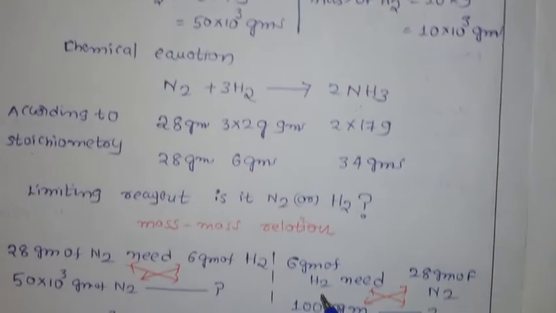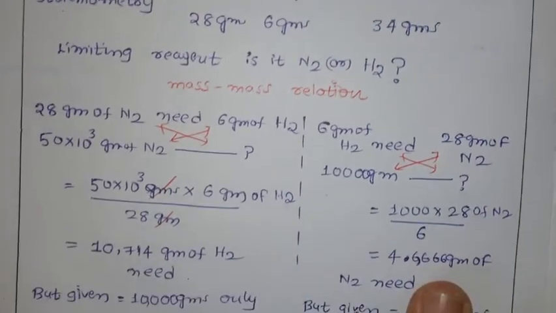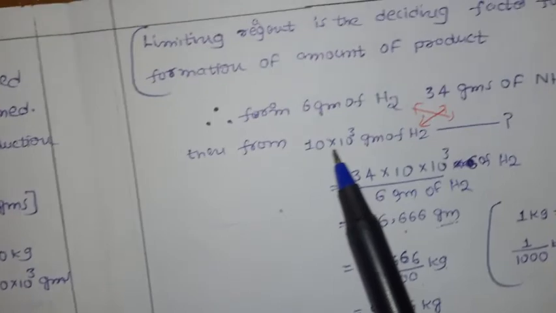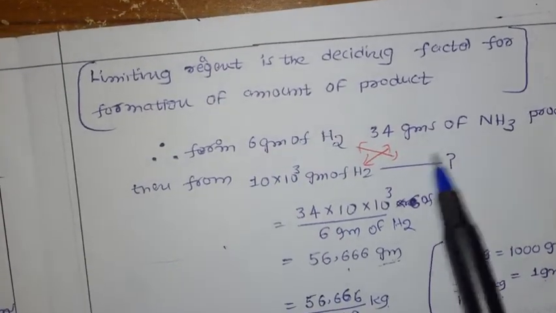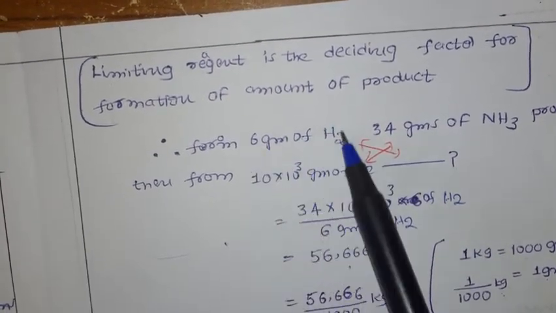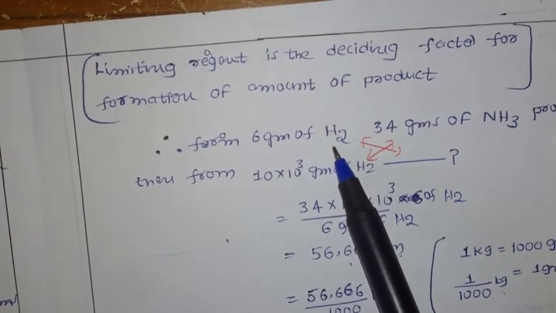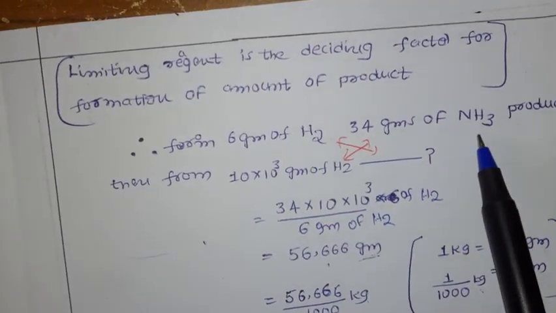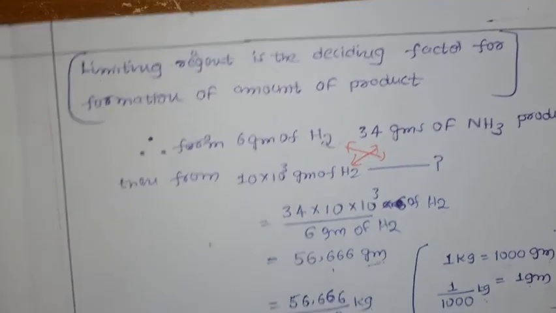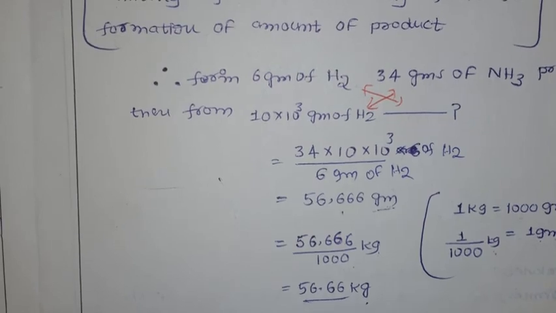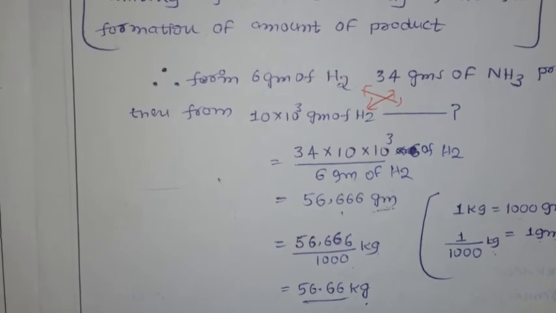After identifying the limiting reagent, you tell the amount of product formed based on the limiting reagent. In this example, the 6 grams of hydrogen is our limiting reagent, so based on hydrogen only you tell the formation of ammonia. This is about the limiting reagent. Based on the in-text question, you have to work it out from the backside of the textbook.